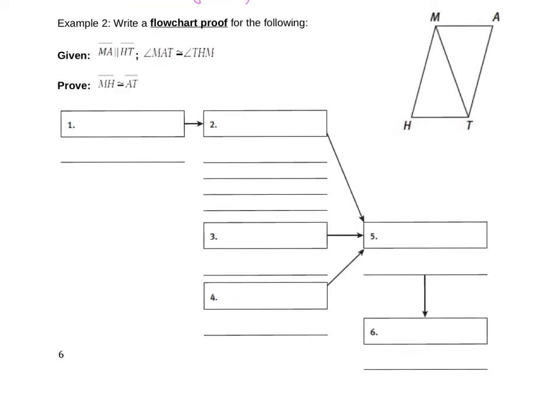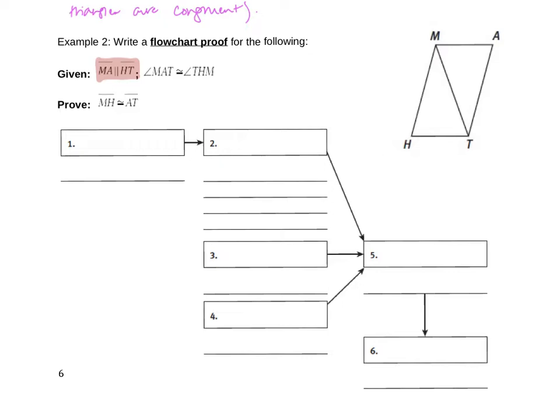All right, let's go ahead and start discussing what you wrote down. So I have some piece of given information that we know two lines are parallel to each other. So I'm going to go ahead and mark that on my picture here. So I have MA is parallel to HT. Now, there's no given information out of this that we automatically know if it's a side or an angle.